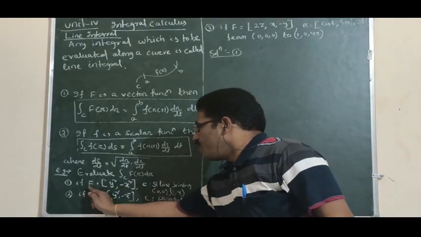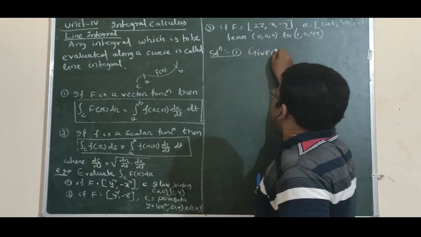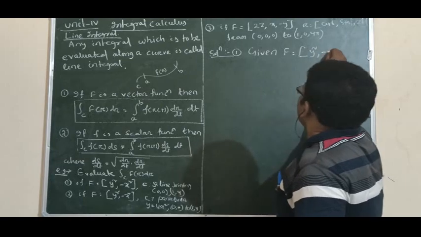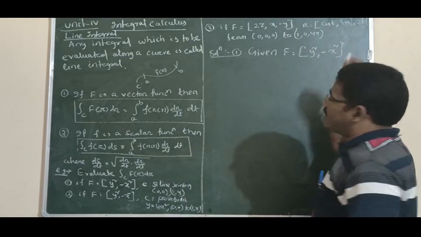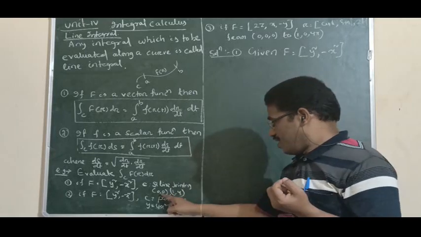Now you are given f equal to y square comma minus x square. But we should know what is the equation of the line.